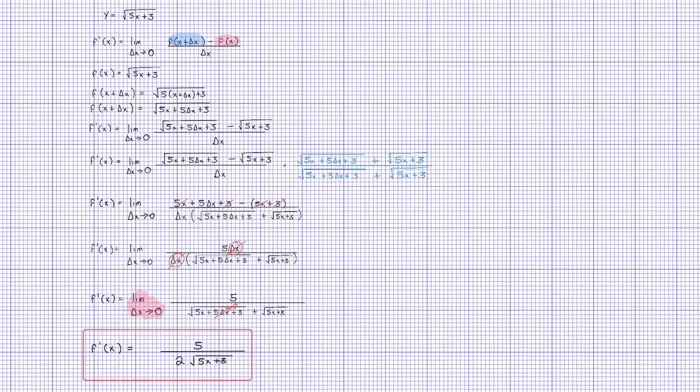O sea, al final, ahí donde hiciste lo de 5 delta x, que se convierte en 0, te terminaste con 5x más 3, y al lado también entonces está 5x más 3. Yes, that's right. If your question is whether this phenomenon will always happen, yes, this will happen with these types of problems. Ok, profe, gracias.